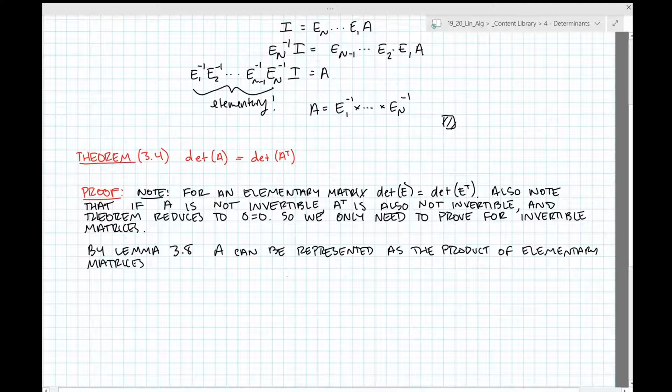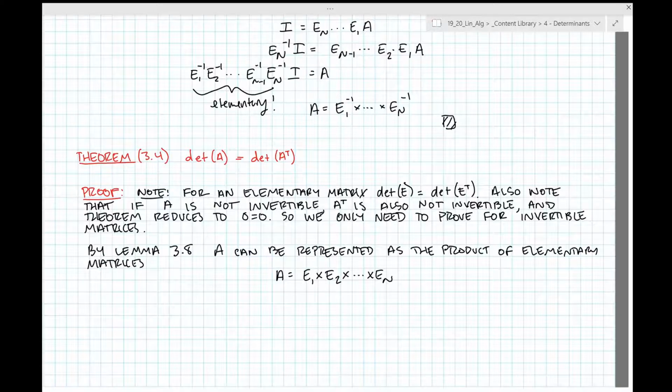So I can write A as E1 times E2 times En. I know that above we had their inverses, but for simplicity's sake, we're just going to say that the row operations are what they are.